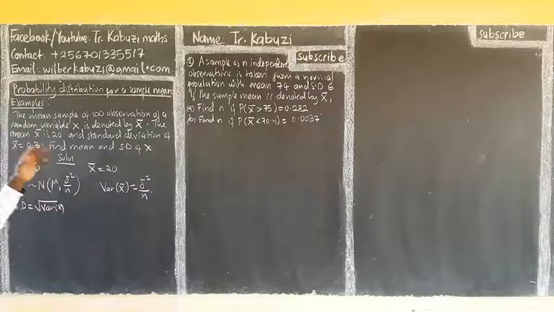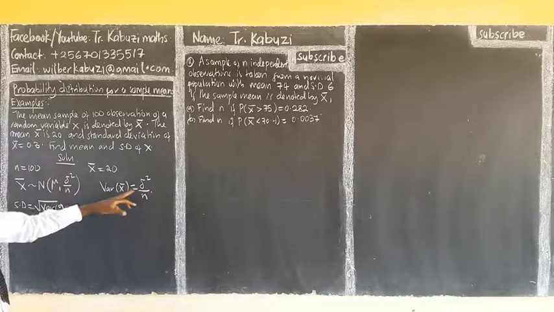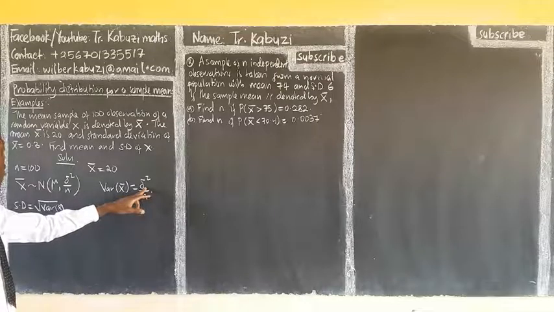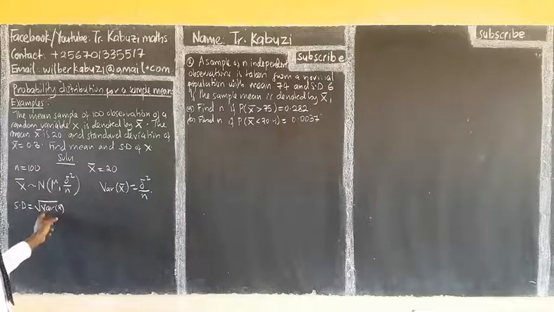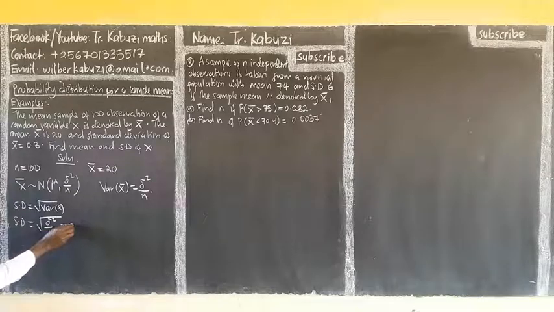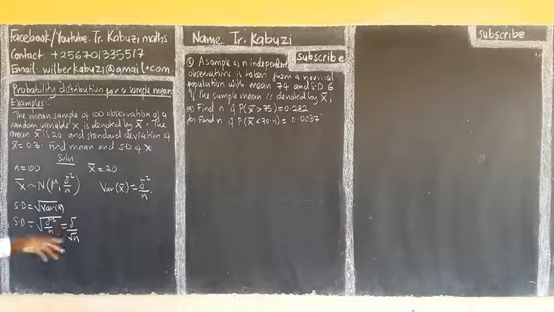But we know that in a normal population, sigma is the standard deviation. So our standard deviation will be the square root of sigma squared over n, which is sigma over root n, which we saw by the way. So we need this sigma.